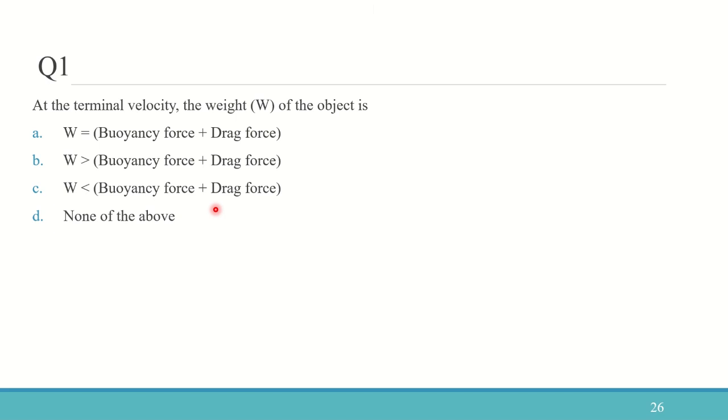So at terminal velocity, W is equal to buoyancy force plus drag force. Option A is the right answer, because we have seen in the last class how the buoyancy force and the drag force are balanced by the weight of the particle, and from that we calculate the terminal velocity. So the answer is option A.